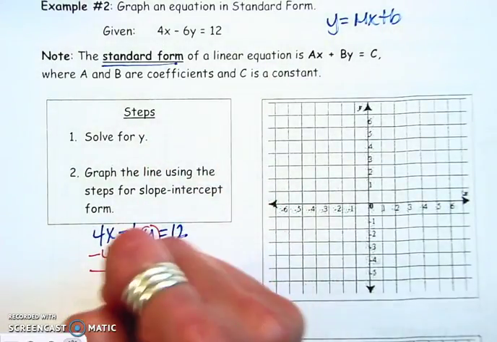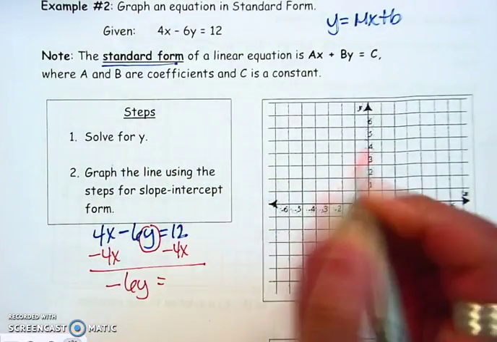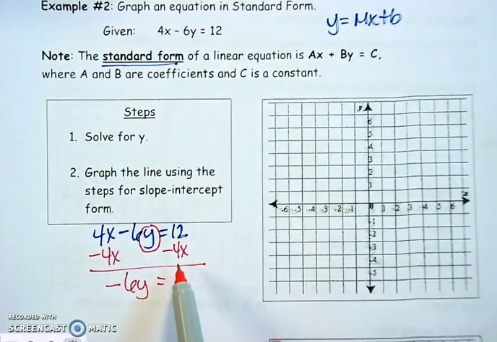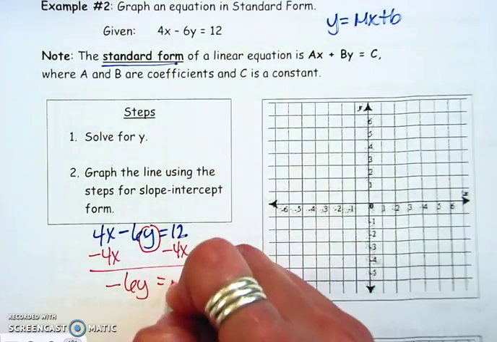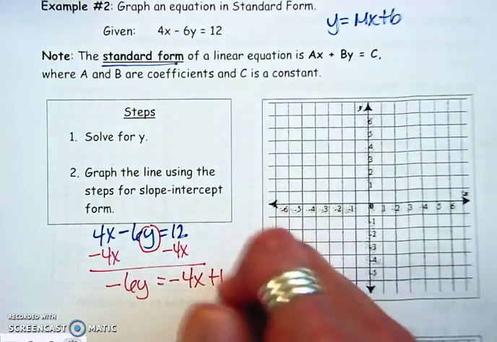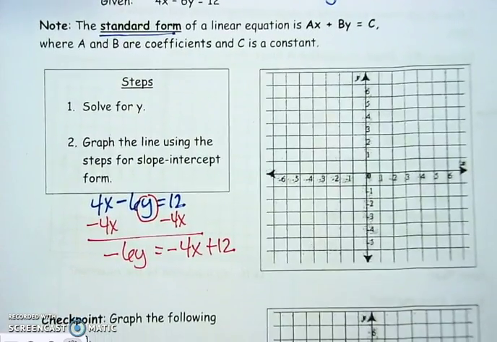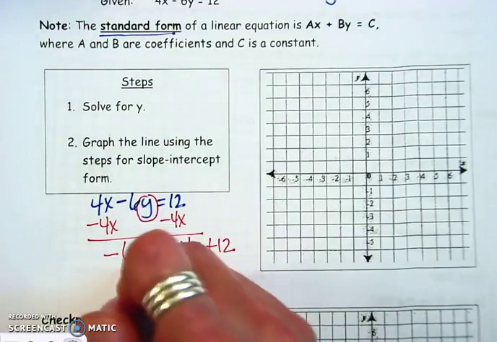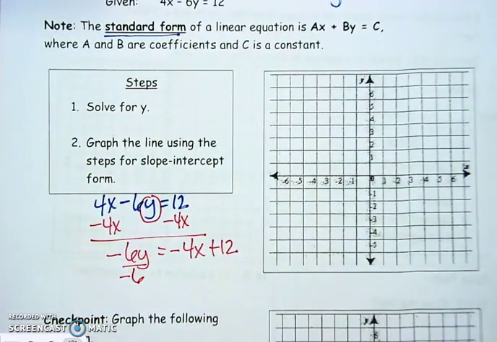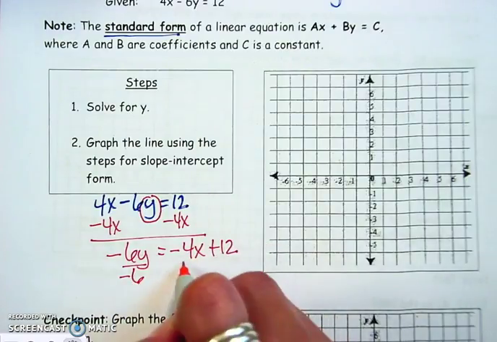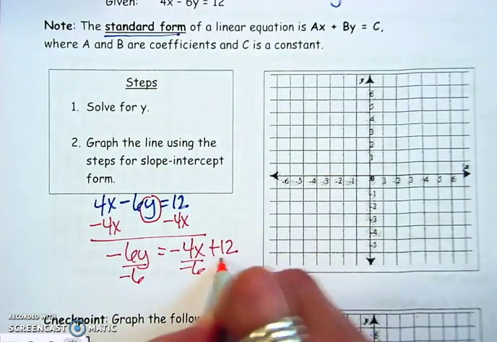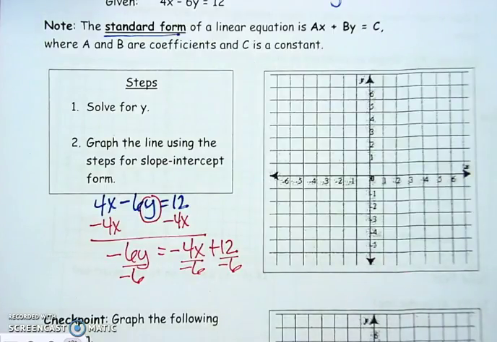So on the left-hand side, I get a negative 6y is equal to, and remember we want to put that variable in front, so we have a negative 4x plus 12. From here, I'm still trying to isolate y, so I need to divide by that negative 6, keeping in mind that what I do on one side, I have to do to every term on the other side.